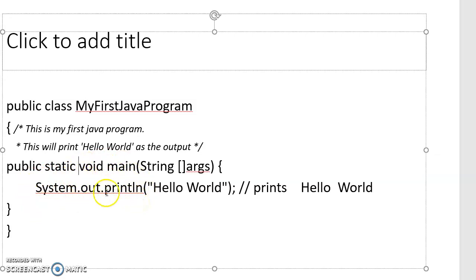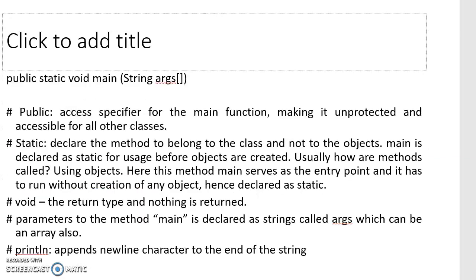So using this function, you're displaying this text hello world. More of it will be explained in the later sessions. So this is the first program that we looked into. I actually ran this program and showed it to you in the previous video, so you can have a look at it at a comfortable time.